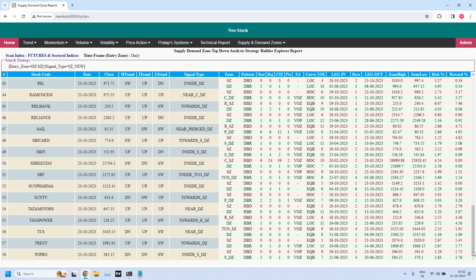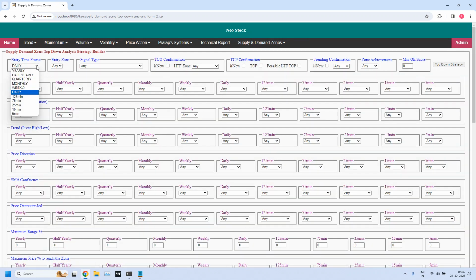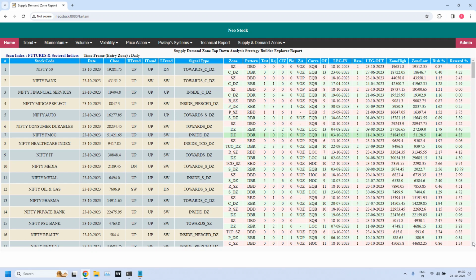So this is about the filtered list. Now let me generate demand and supply zones for all the stocks for your reference purpose. Entry time frame is daily. So I'll keep on scrolling this list.